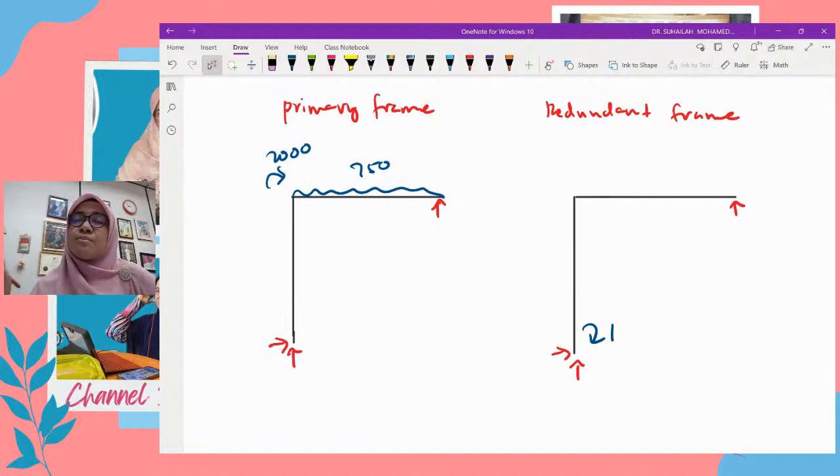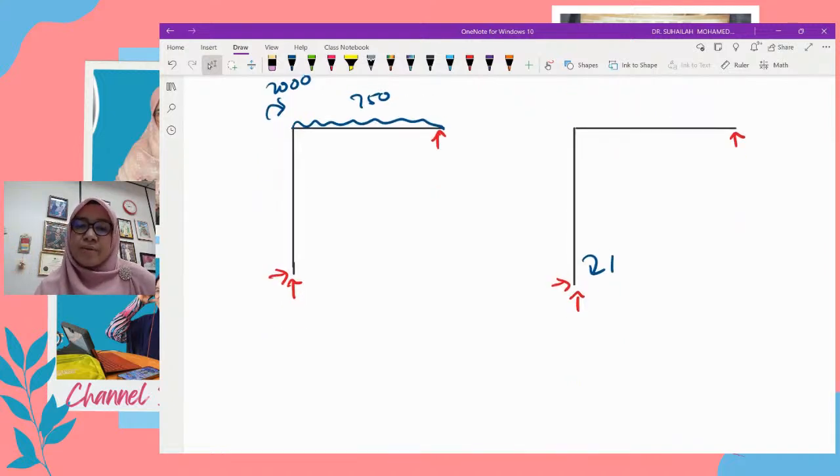We want to write the moment equation, so we calculate the reaction.